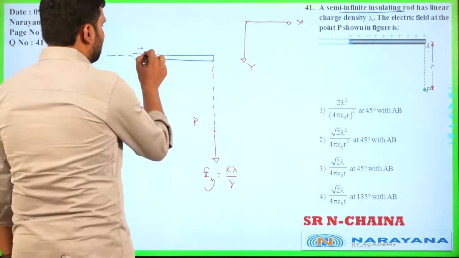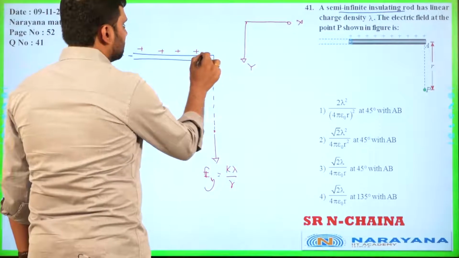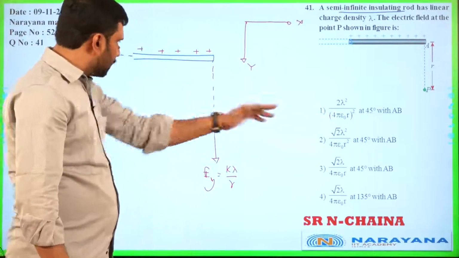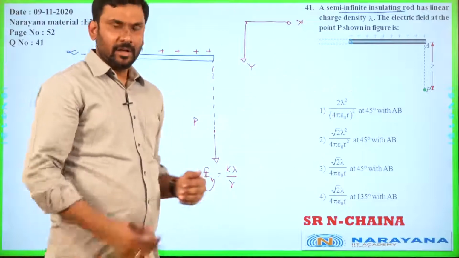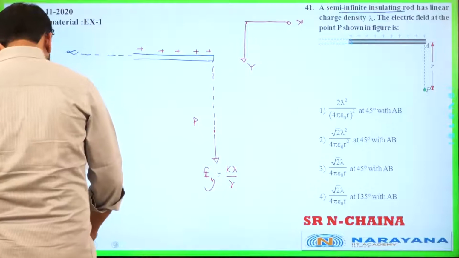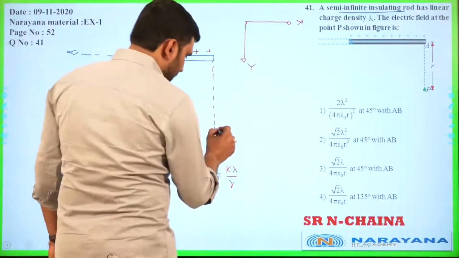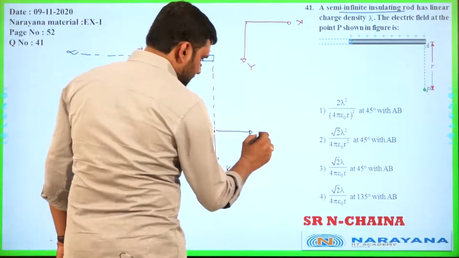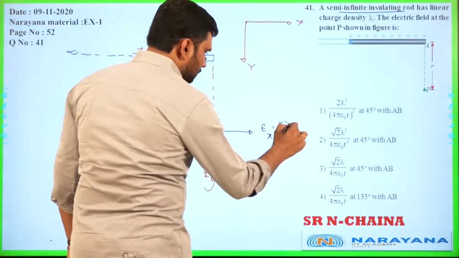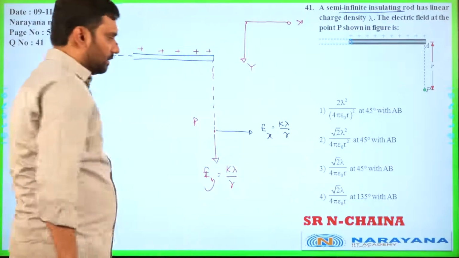Now since we are taking positive charge, for a positive charge there will be a radial component which moves away from it because of the nature of the electric field, which is radially outward. So that component of the field we can denote in this direction, that is also Ex is equal to k lambda by r.